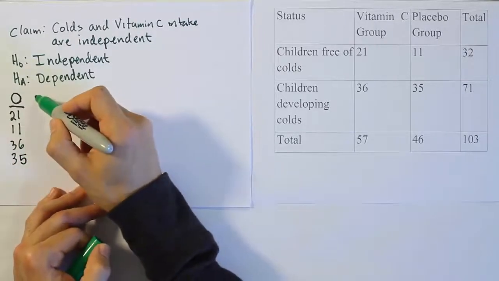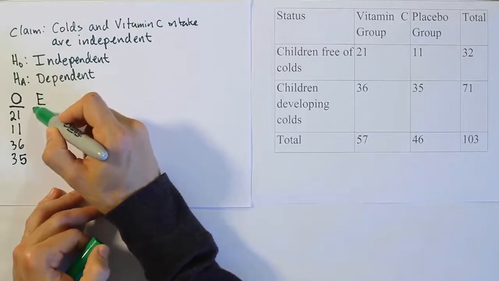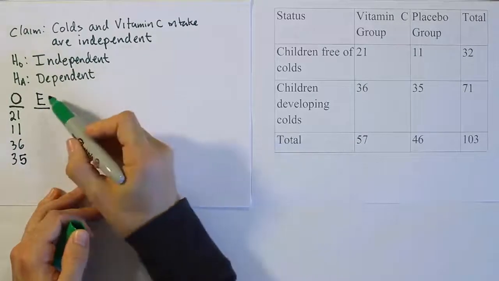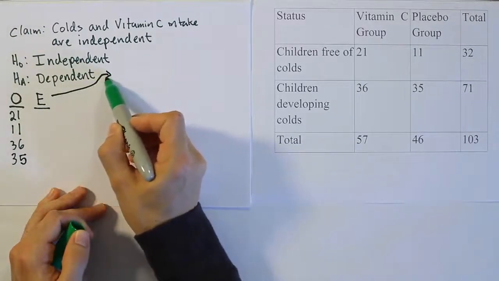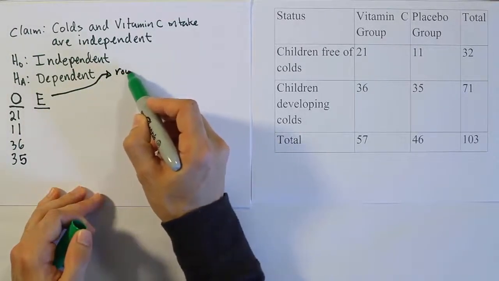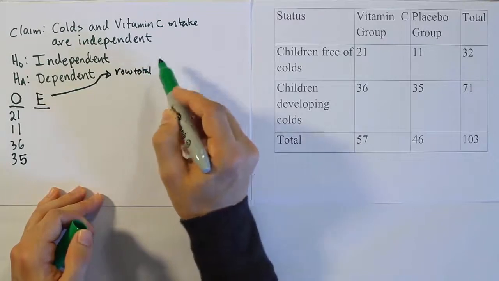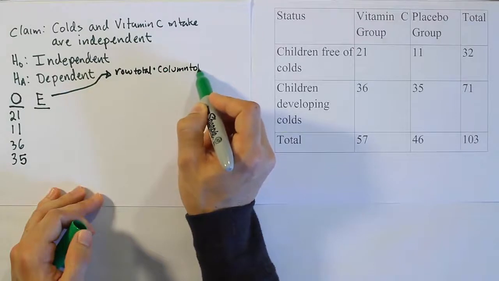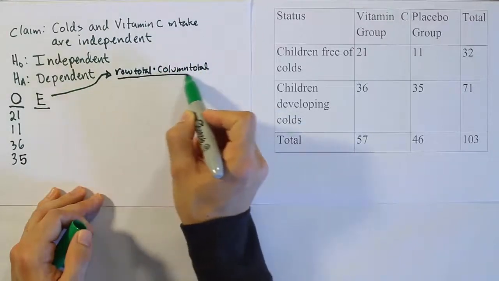Now from there you want to write down the expected values for the table. The expected values come from the formula that we have, which is, when it's a chi-squared test for independence, remember, row total times column total divided by the grand total.